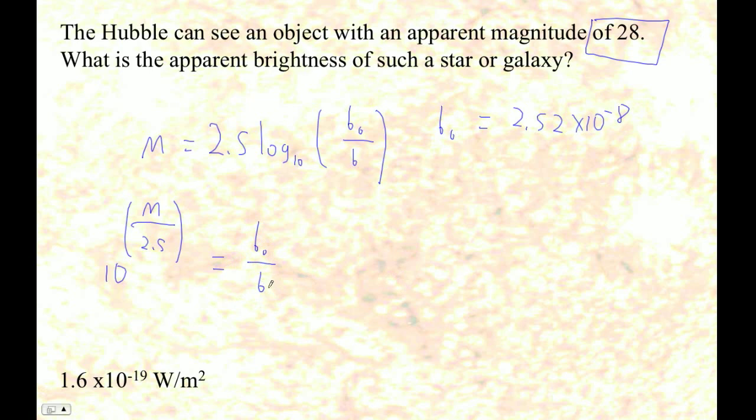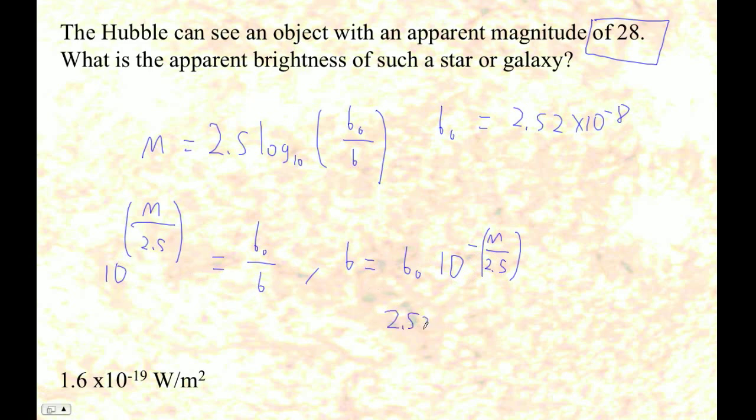So we're trying to solve for b. b is equal to b naught times 10 to the minus m over 2.5. I think that is right. What I've done here is I put this guy in the numerator and this guy in the denominator. Over there, I switched this term and this term. Doesn't look like it, but I did.